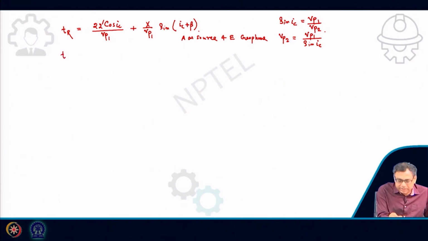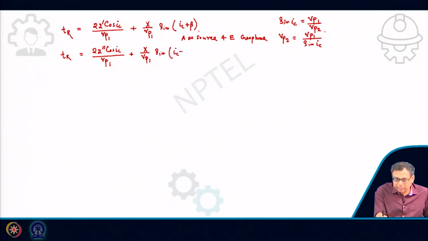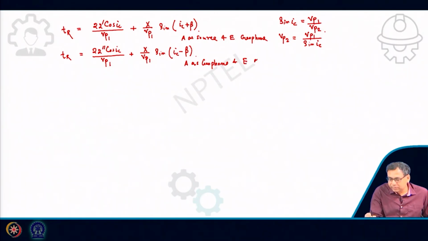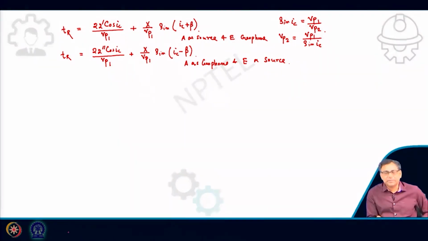Now I will get TR, that is this equation: 2Z double dash cos IC divided by VP1 plus X divided by VP1 sin IC minus beta. Here A is the geophone position and E is the source. Okay, I have interchanged this.